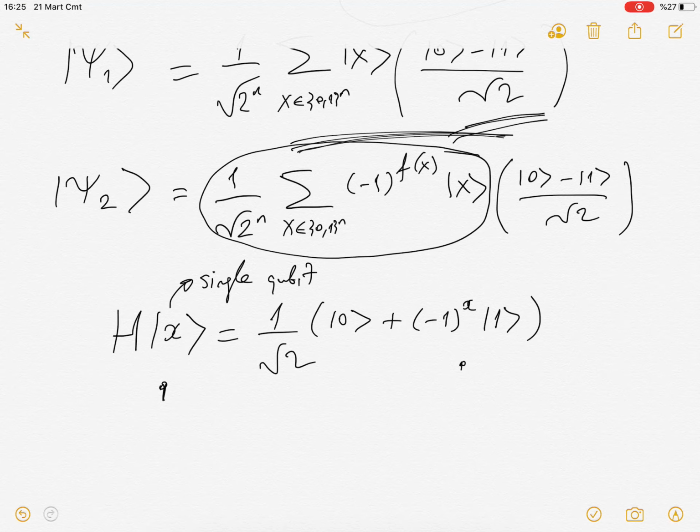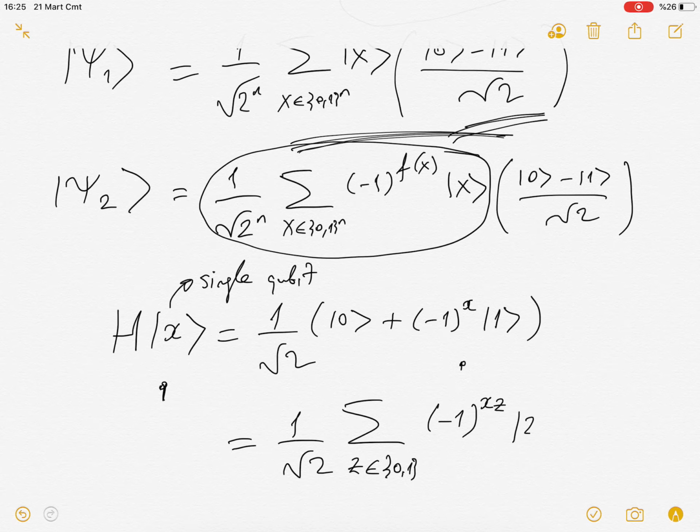So it can be formulated in this form. But more generally, this is equal to 1 over square root 2, and we can write this in the summation form: sum over z of minus 1 to the power x times z, ket z. Right?